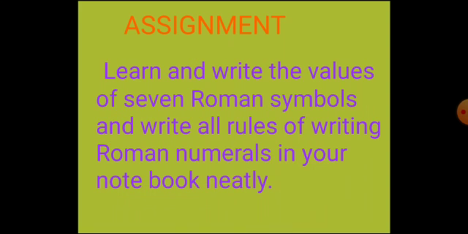Here I think you can understand all these rules. So today's assignment is to learn and write the values of the 7 Roman symbols and write all the rules for writing Roman numerals in your notebook neatly, children. What are the 7 Roman numerals, children?